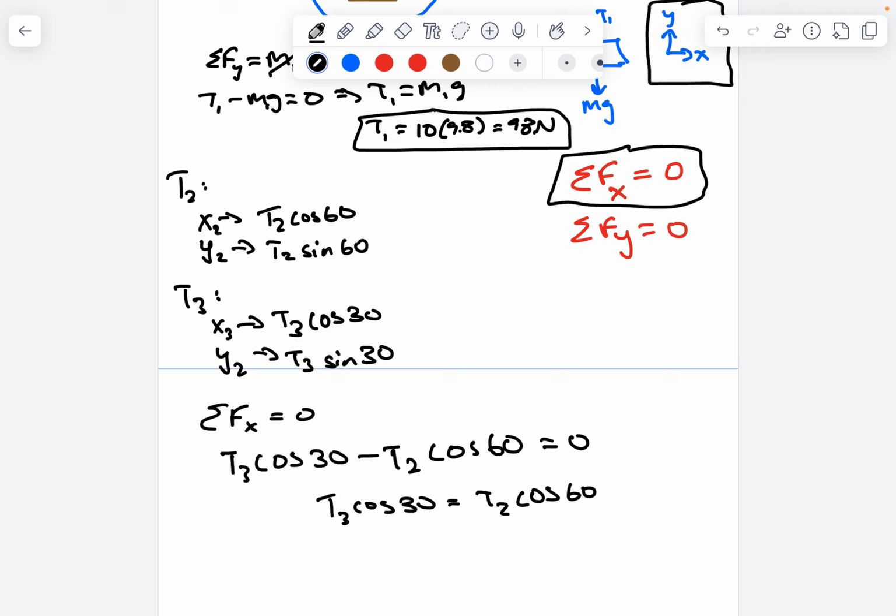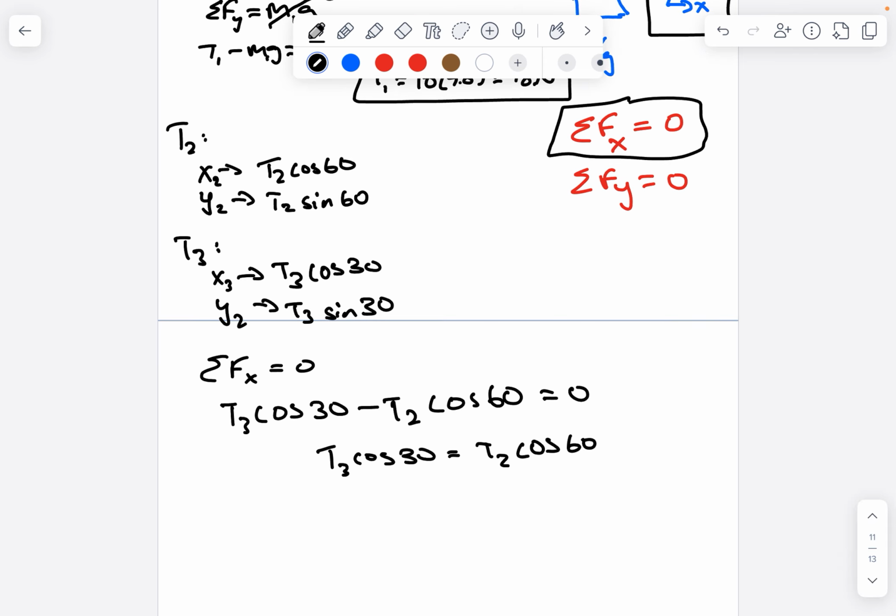And plugging in the values for cosine 30 and cosine 60, we get T3 times 0.866 is equal to T2 times 0.5.